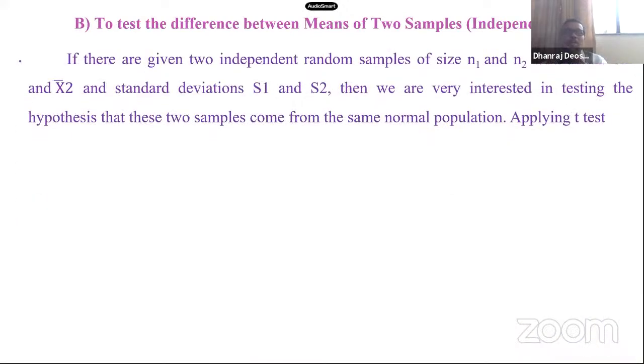If there are two independent random samples of size n1, the sizes may be different. The first sample may have 8 observations, the second sample may have 12 or 7.